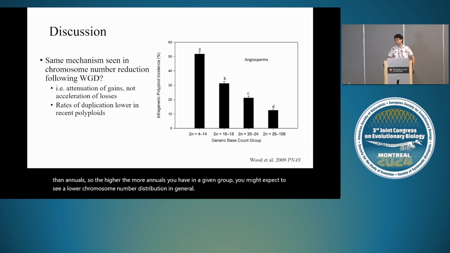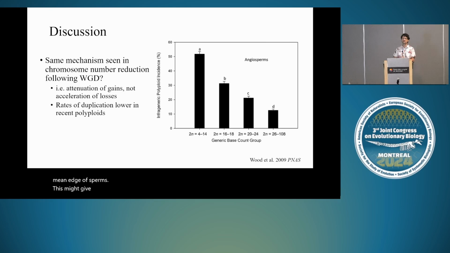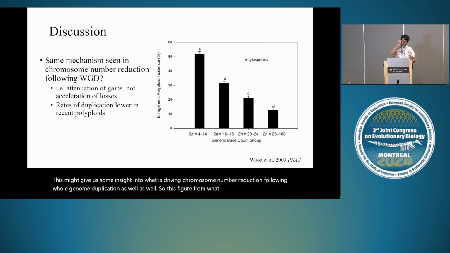So just to put this in a wider context of chromosome number evolution in angiosperms, this might give us some insight into what is driving chromosome number reduction following whole genome duplication as well. So this figure from Wood et al. shows the estimated incidence of polyploidy in any given genus based on that genus's base chromosome number. And so the basic idea of this figure is that the higher the chromosome number of that genus, the lower the rates of polyploidy in that genus.